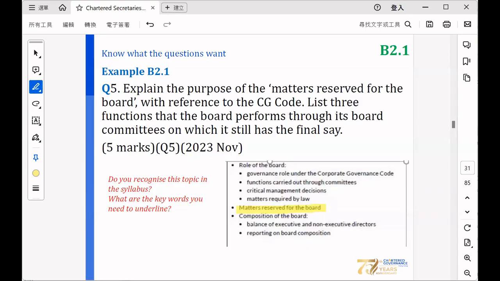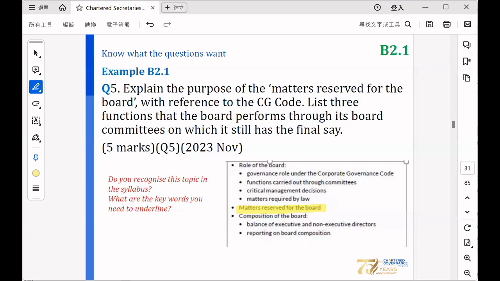The purpose of matters reserved is, of course, a clear division of work, who is responsible to whom, and the executive team also knows how many duties they have and how much duty has been delegated to them.